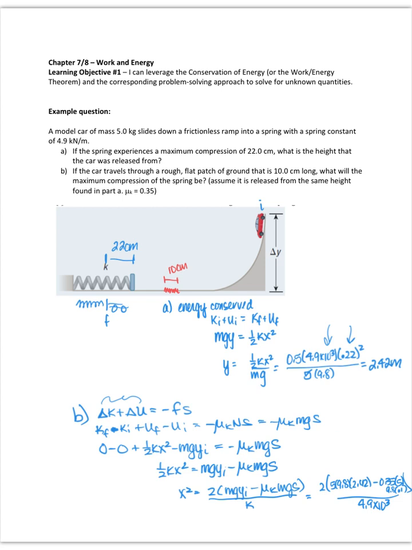It looked like a mess. When I solve for x, I get 0.218 meters.